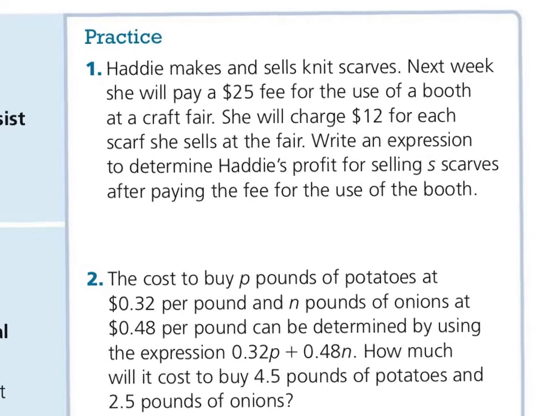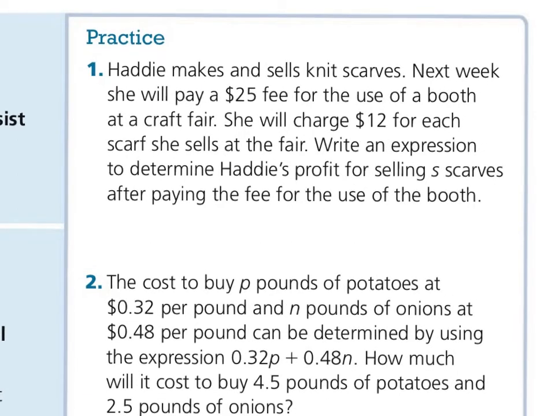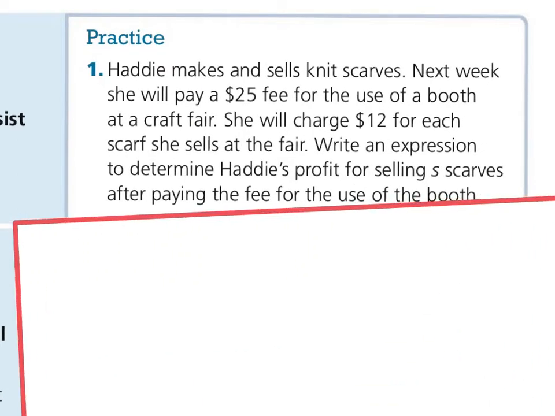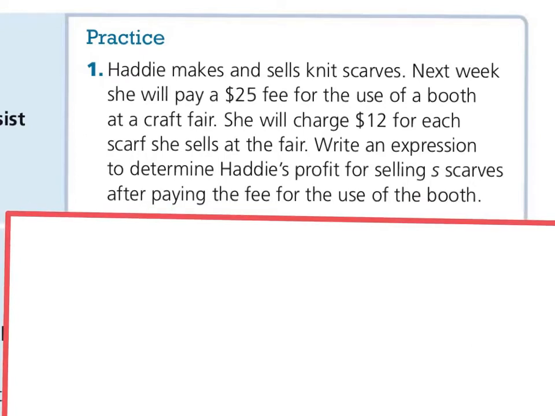So if you look at the practice, number 1, Hattie makes and sells knit scarves. Next week, she will pay a $25 fee for the use of a booth at a craft fair. She will charge $12 for each scarf she sells.